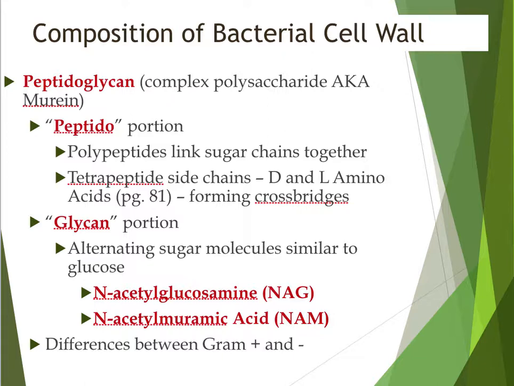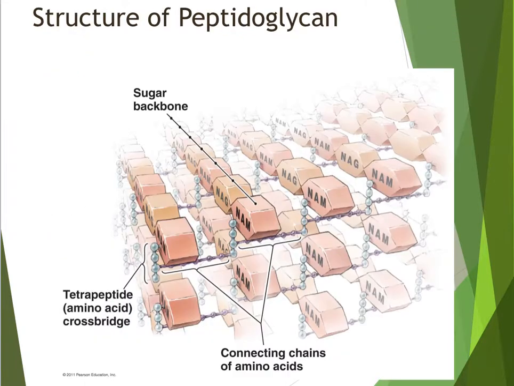There are differences between the way bacteria make their cell wall. And based on those differences, even though they all use peptidoglycans, we are able to classify the bacteria into 2 broad categories, gram-positive and gram-negative. And we'll take a look at how we do that and what that means.